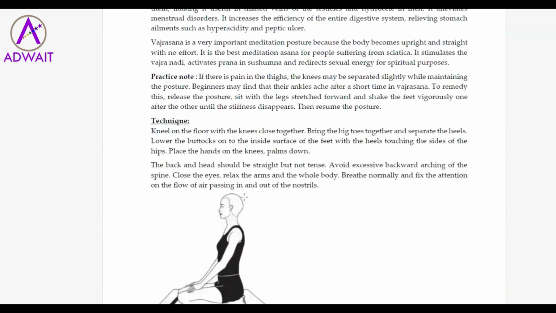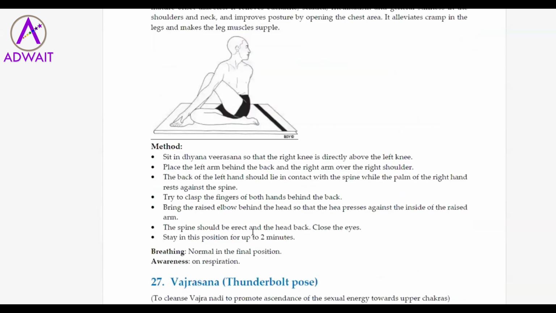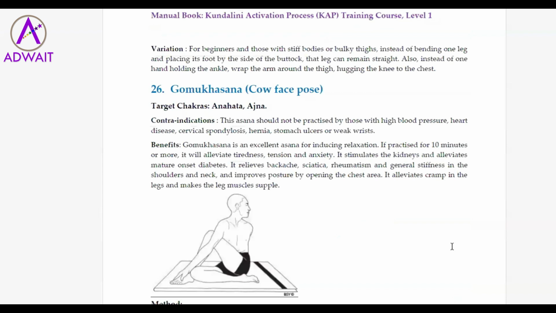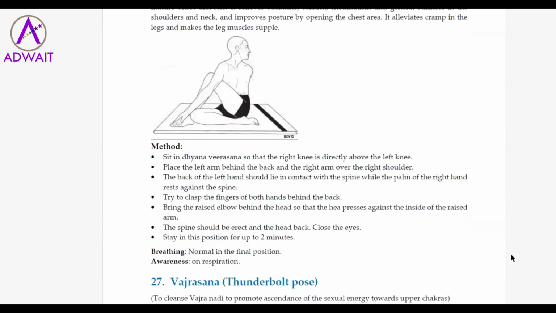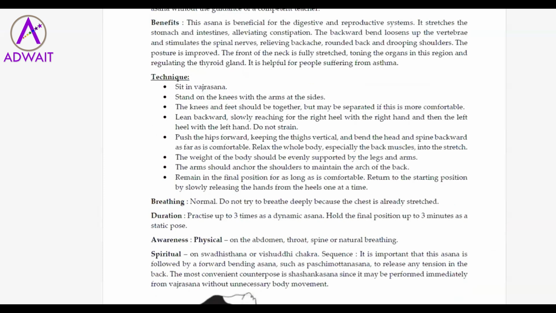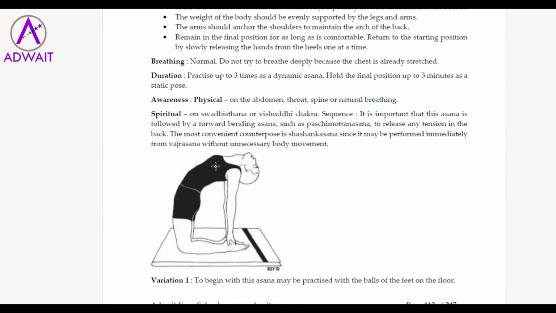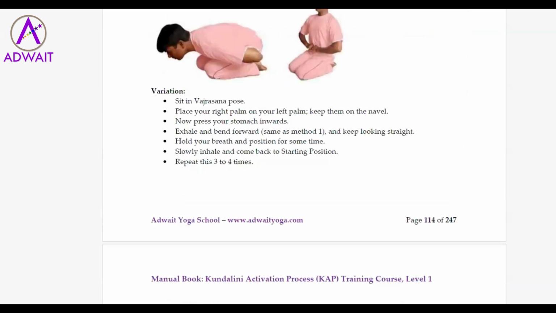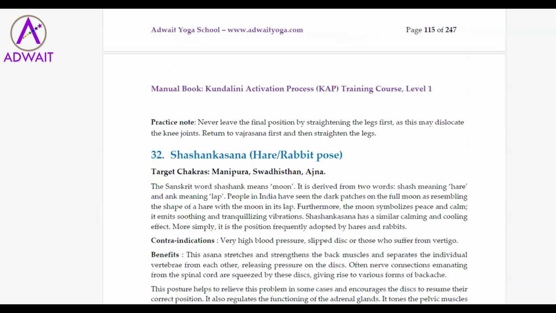And apart from this, there are other postures also to use for the Vajra channel, Vajra Nadi. These postures also help to activate the Vajra channel or Sushumna channel. Use these postures.